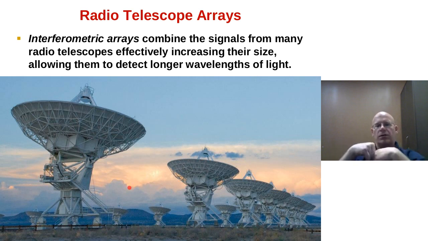So they're already huge. But I connect these electronically, and this looks at one part of the wave, this looks at another part of the wave, and this looks at the other part. So I've effectively made a telescope that has an aperture the size of the desert by connecting these telescopes together, and so I can detect even longer wavelengths of light.